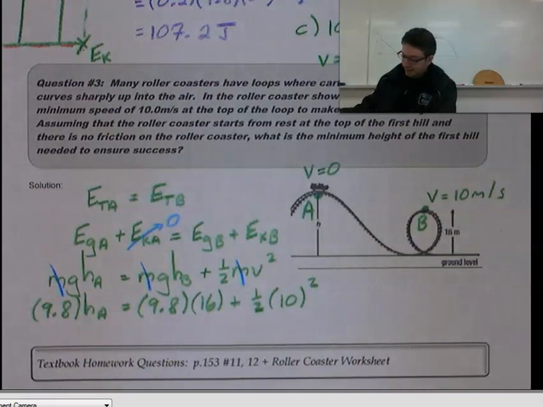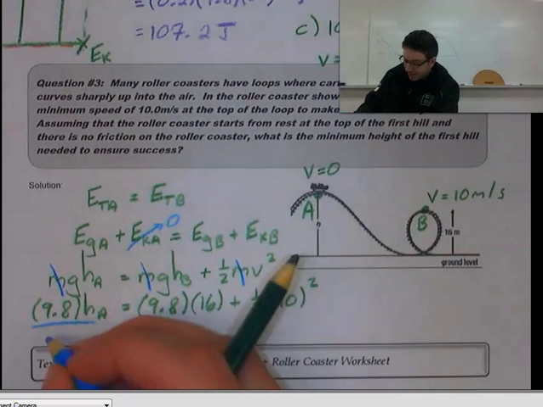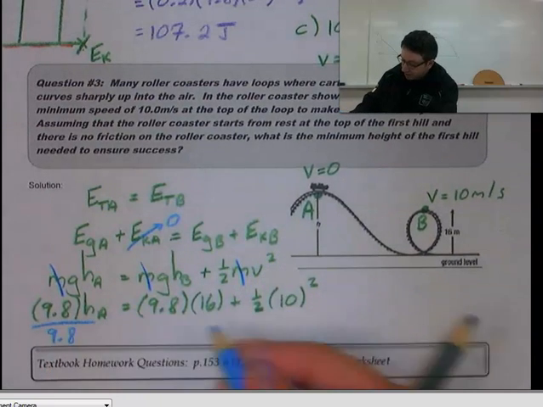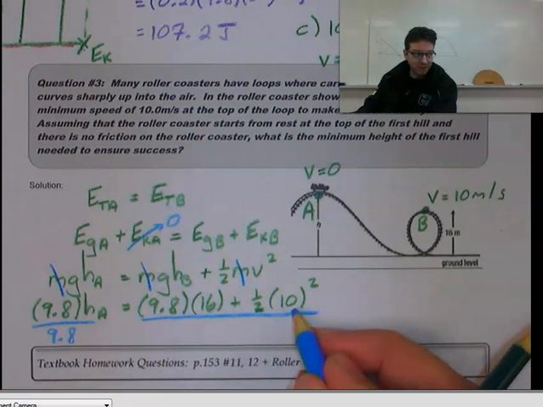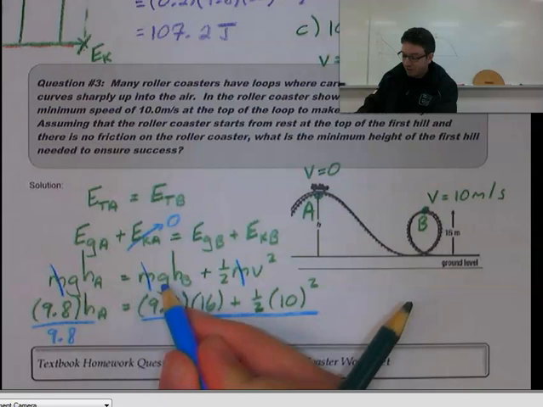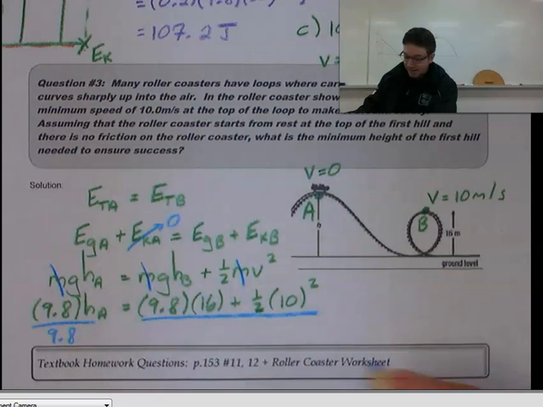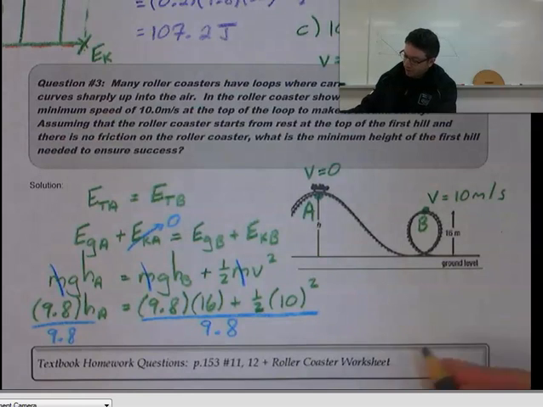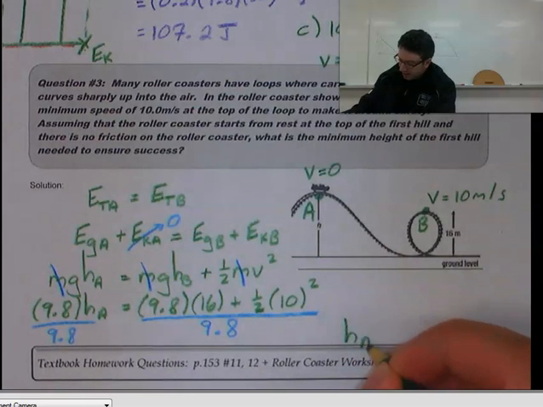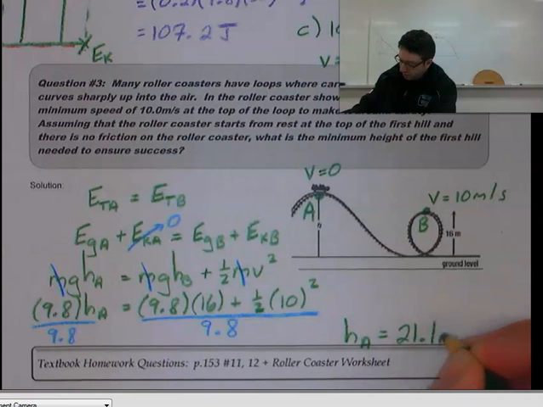Then what I can do is divide both sides by 9.8. The entire thing, remember, don't just divide one term by 9.8. Just like up here, we had to divide every term by mass. We will get a height of 21.1 meters.